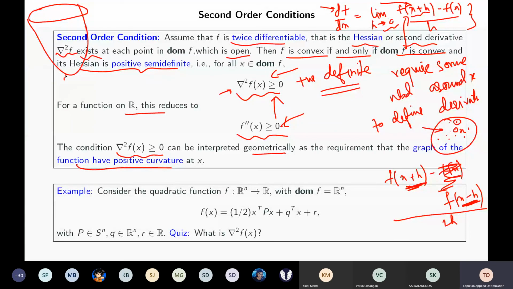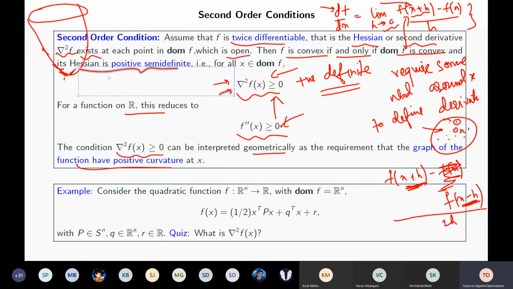If I draw a point here and the Hessian is positive definite, the curvature will always be positive. It may not be easy for me to explain, but positive curvature means the function bends somewhat upward.